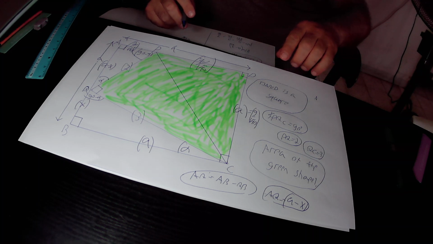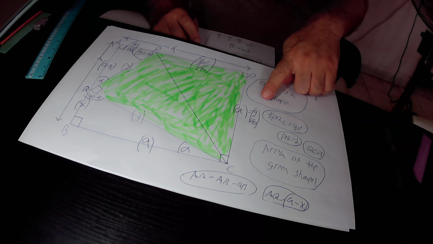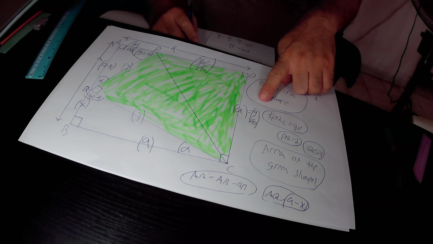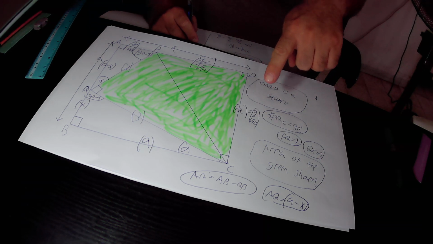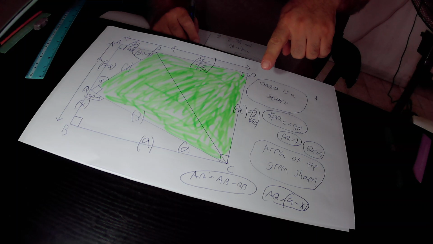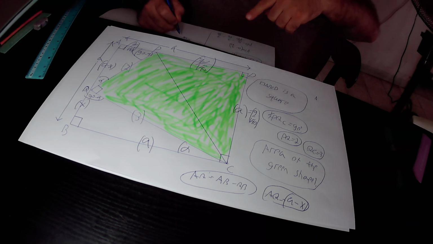DC equals 9 over square root of 10 units. This is to say, DC is one side of square ABCD, so it equals 9 over square root of 10 units in its length.